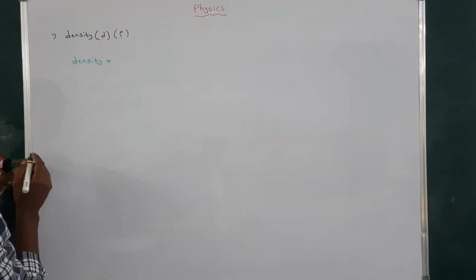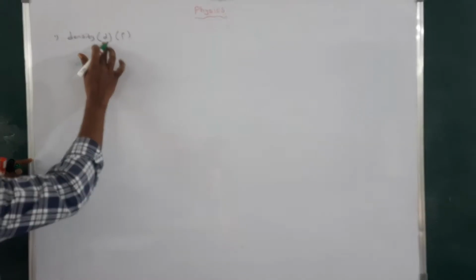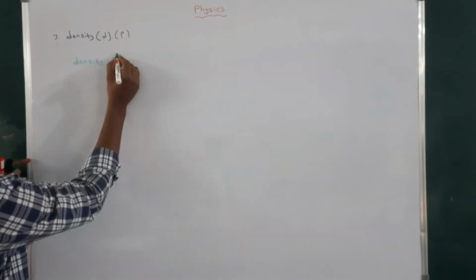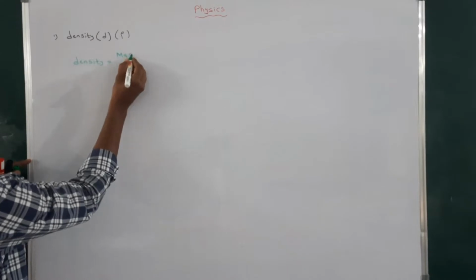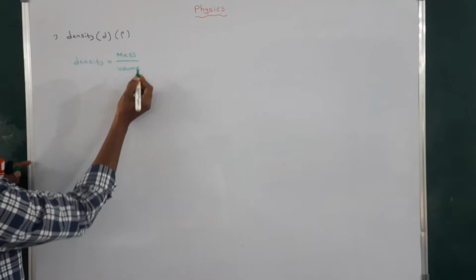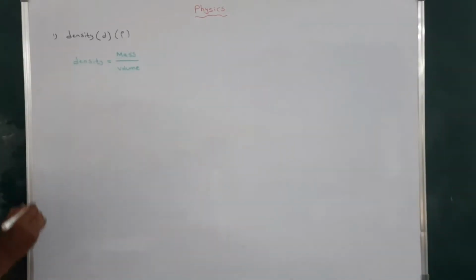Density is equal to mass by volume. So this is the formula of the density.